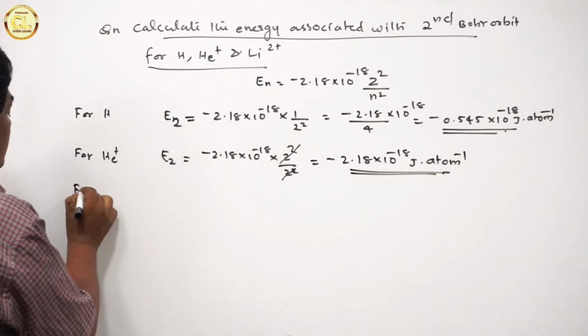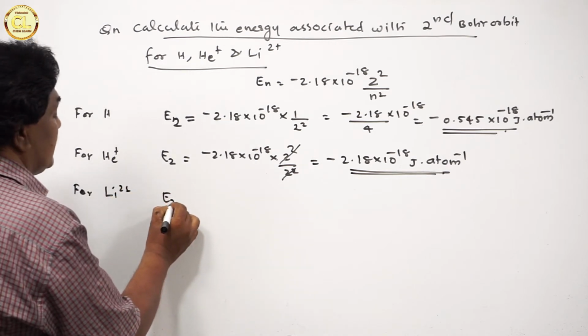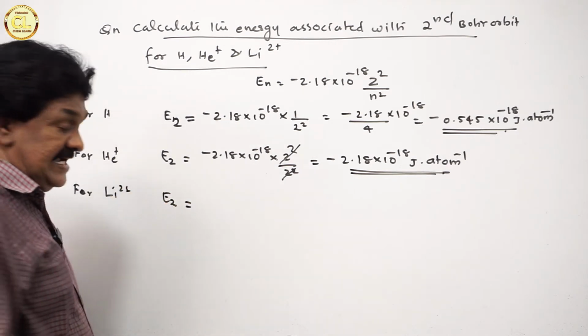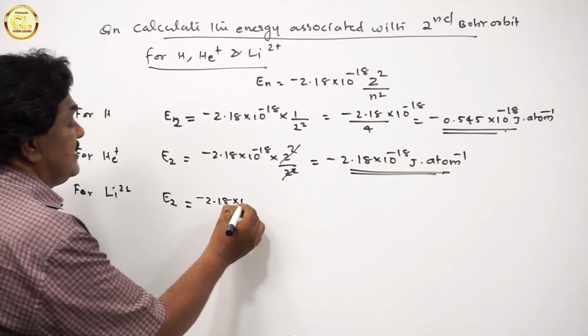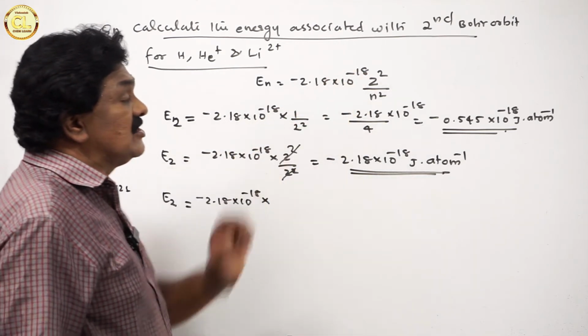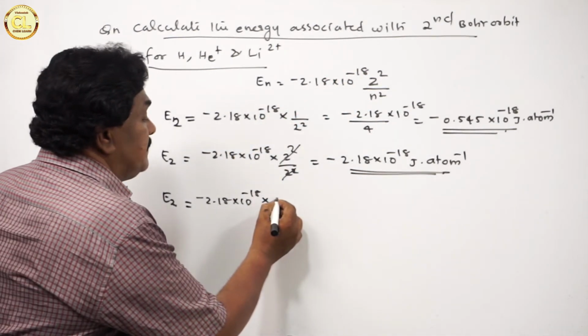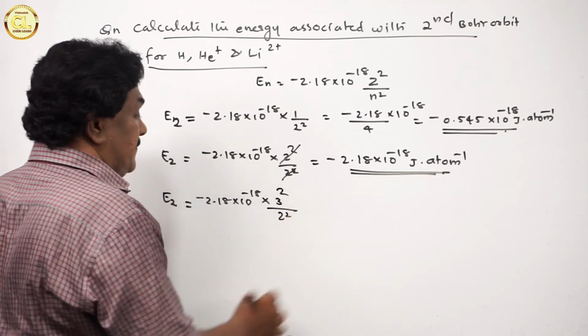For Li 2 plus, the energy of the second Bohr orbit is expressed as E2 is equal to minus 2.18 into 10 raised to minus 18 into Z is equal to 3 for lithium, so 3 square divided by 2 square.